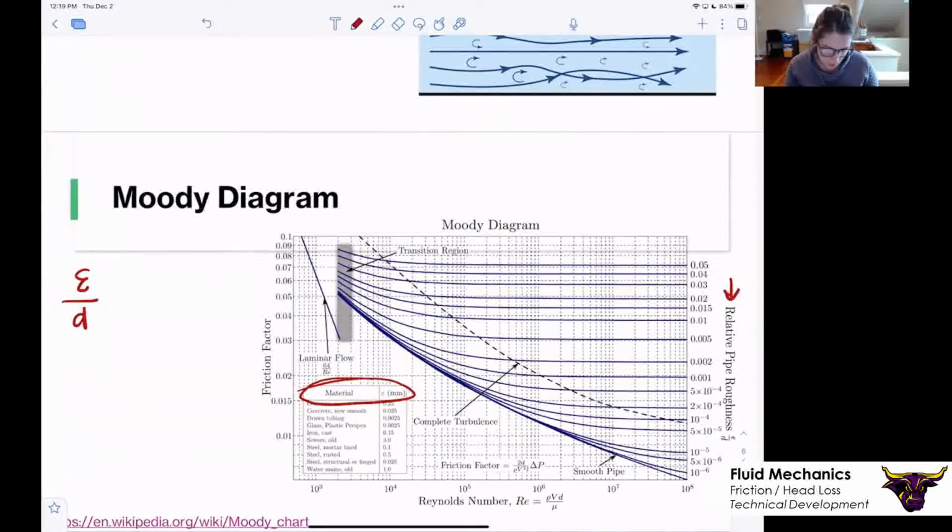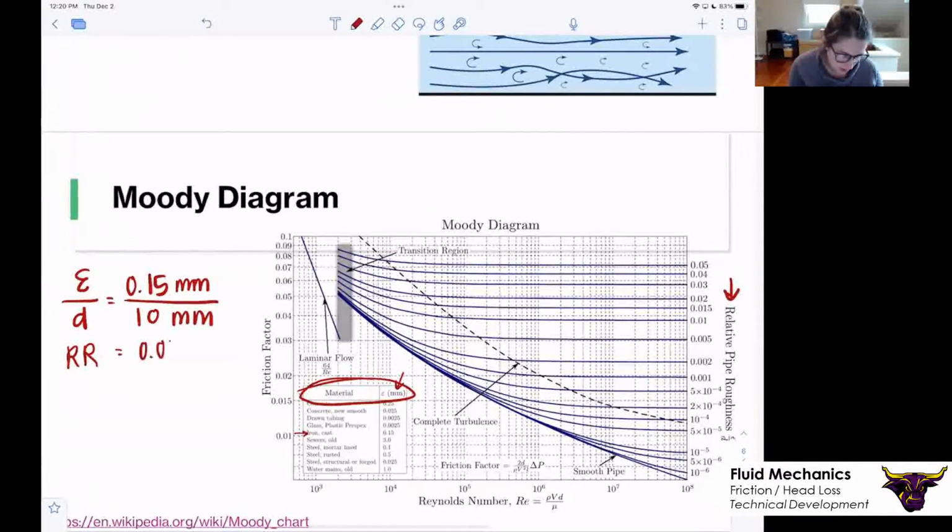So let's say that we have cast iron pipe here. Our epsilon is going to be equal to 0.15, and make sure you pay attention to these units. This is in millimeters. Then say we have a pipe diameter of 10 millimeters. That is going to give us a relative roughness. Let's put RR, there's not really a variable for that, but relative roughness is equal to 0.015.